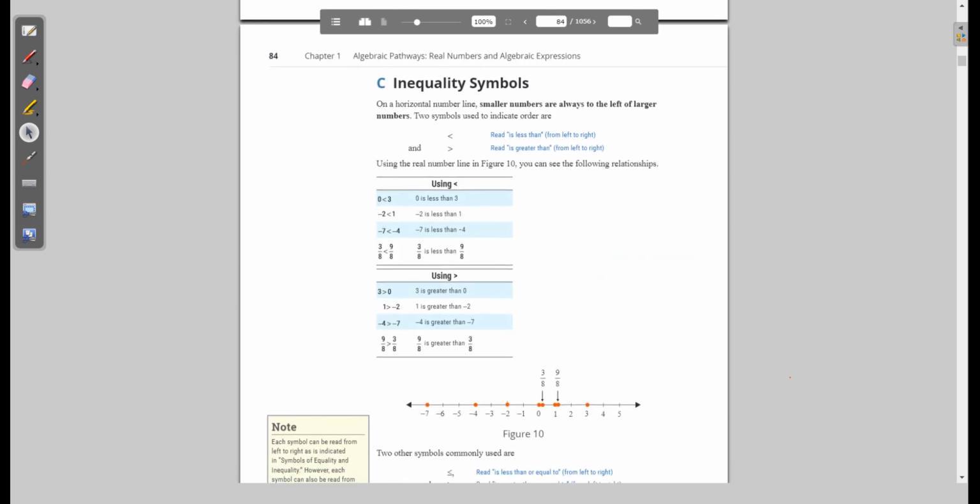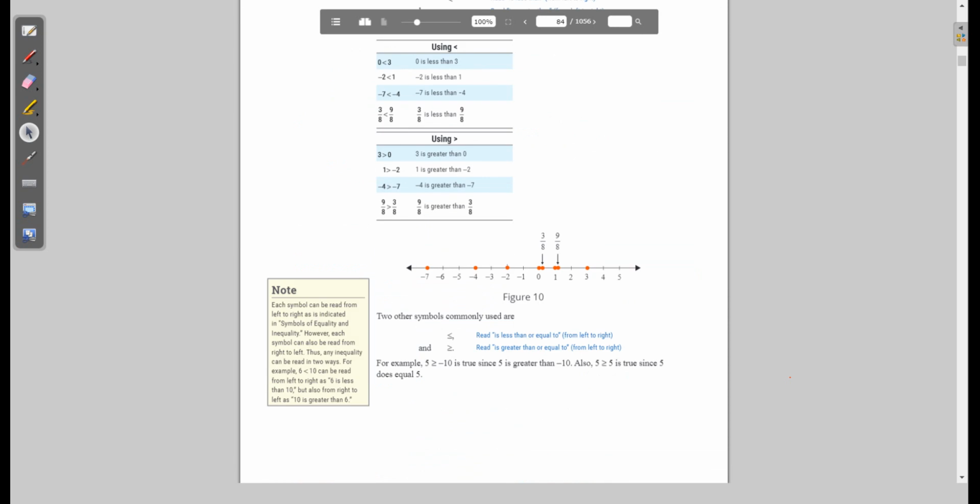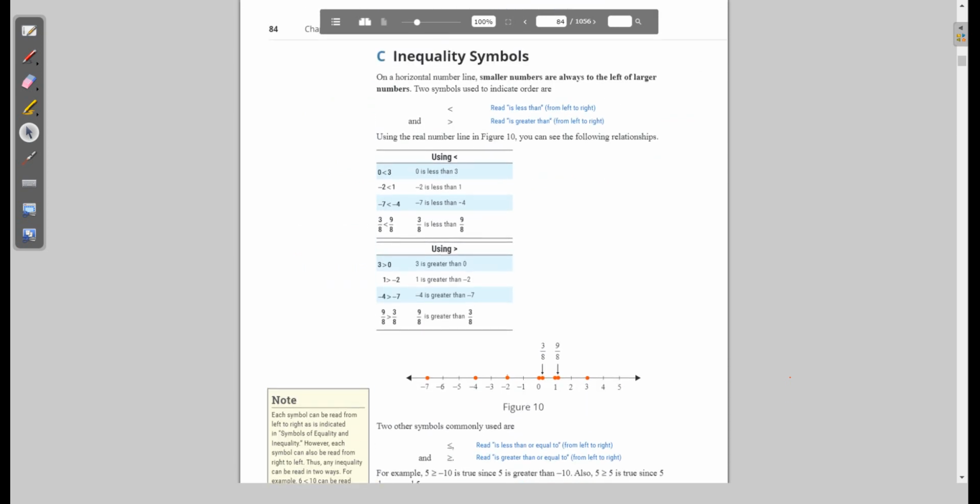Next up we have inequality symbols. Let's go ahead and snip this.